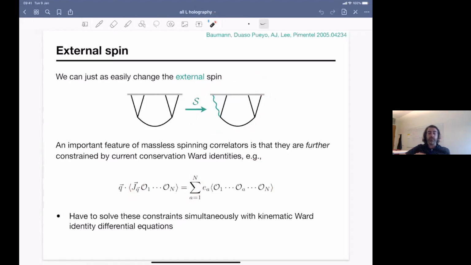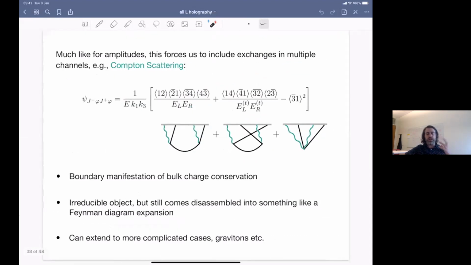And you have to solve them simultaneously. And it turns out that in general, this is a non-trivial problem. And in fact, not all possibilities are allowed. So it's very much like in flat space, not all possible S matrices involving massless particles are allowed. There's a really restricted menu of possibilities.